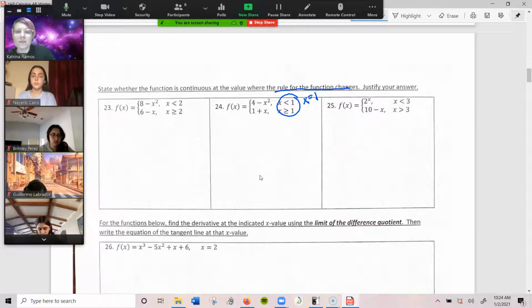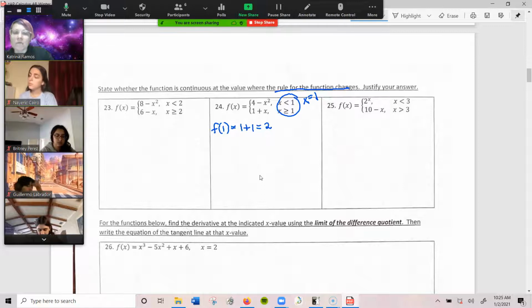So in this case, to find f of 1, where would I plug in the 1, in the top or the bottom? The bottom, because that's where 1 is defined. So that would be 1 plus 1, which is 2. Next, we need to check for the general limit.